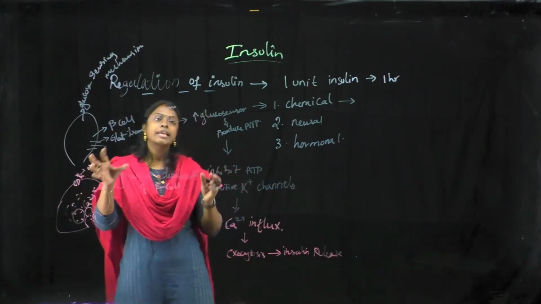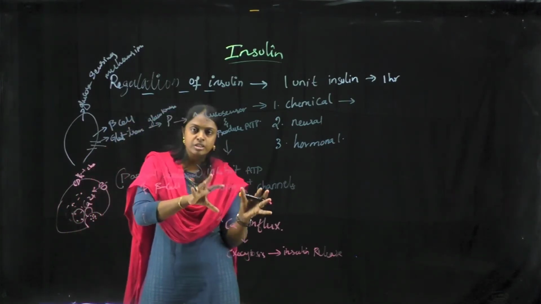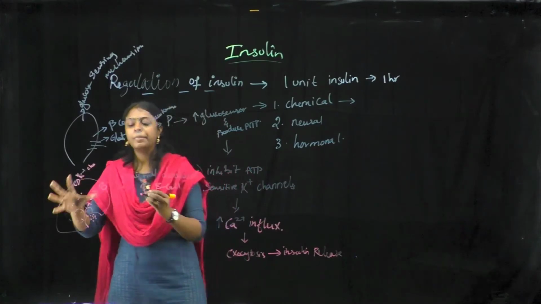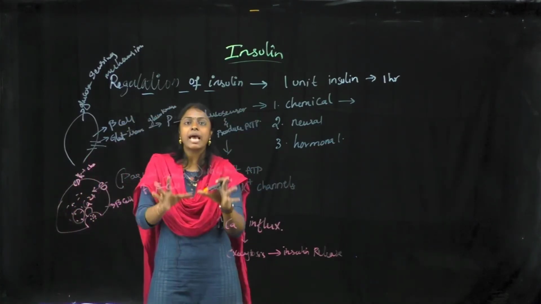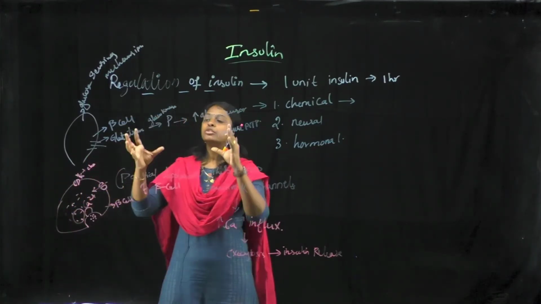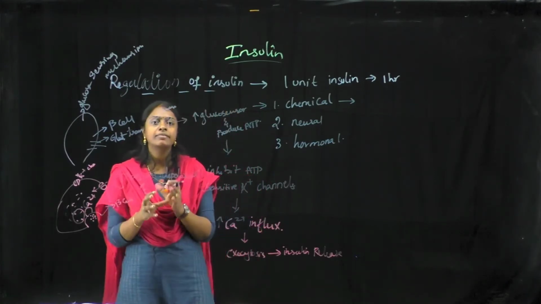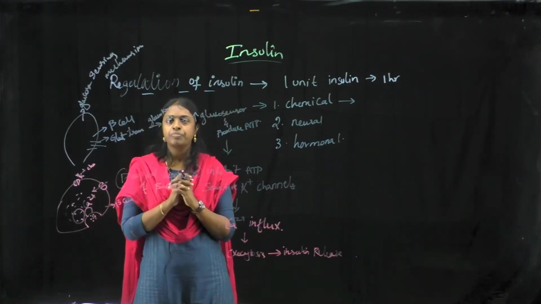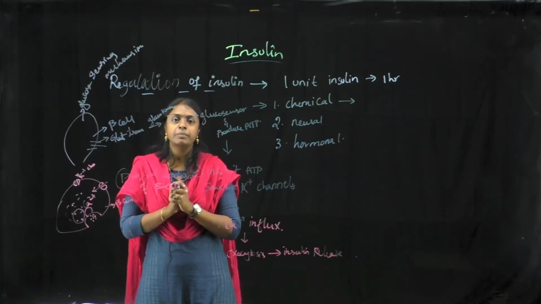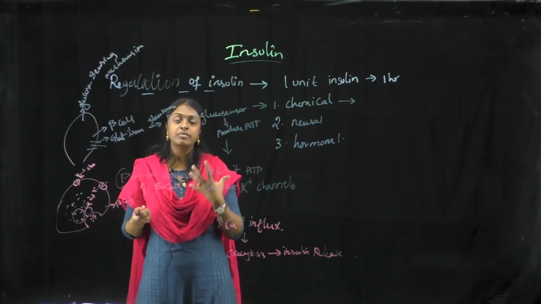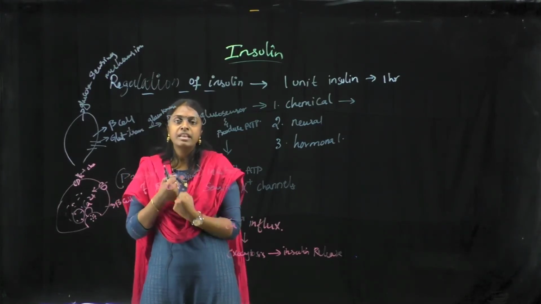Okay, let's see the mechanism again. This is the beta cell, and the regulation is happening in the beta cell. Every beta cell has a glucose sensing mechanism. What is this glucose sensing mechanism? Whenever they see glucose, they get attracted.